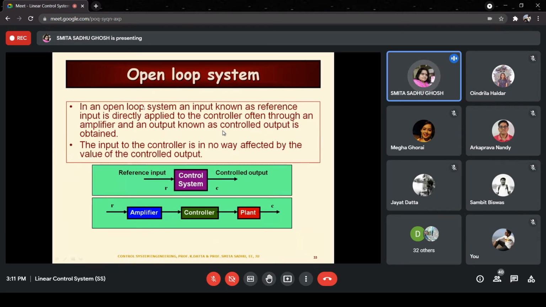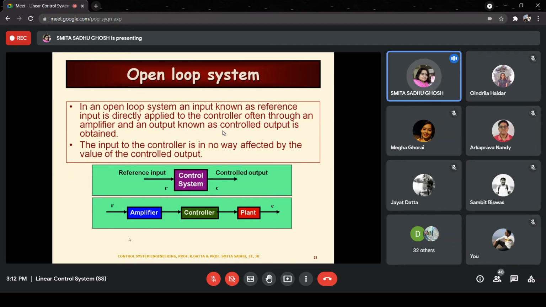So in an open loop system, an input known as reference input is directly applied to the controller, often through an amplifier, and an output known as the controlled output is obtained. It explains the diagram over here. The input to the controller is in no way affected by the controlled output. So that is of importance as far as an open loop system is concerned.